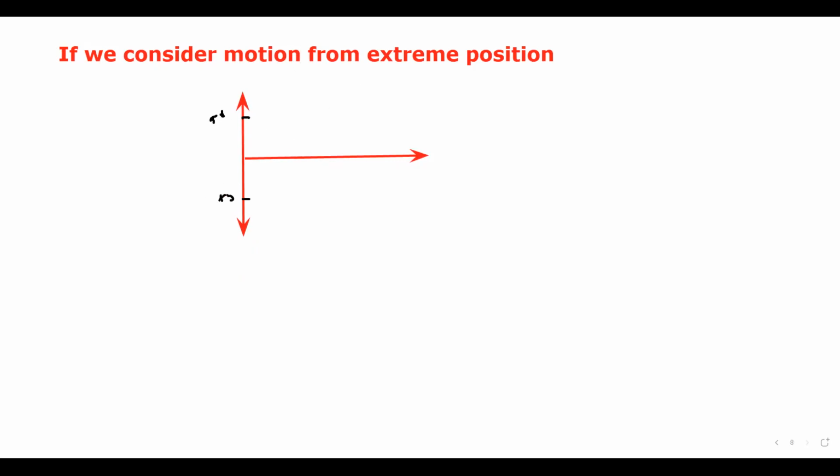The graph will start with a maximum value, then start to decrease, and then another maximum. So the displacement graph will be a function of cosine. Now, what will be the velocity graph? We know that if we differentiate with respect to time, or here with respect to angle, what is the derivative of cos theta?